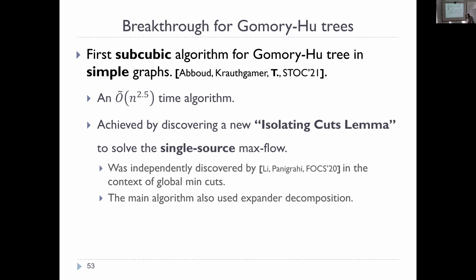Now, two notes. The first one is that this lemma was independently discovered by another group in a different context, the context of global minimum cut. I will also say that we used expander decomposition to solve this problem. Right, so we have a graph that is simple, unit capacity on the edges, and we solve it this time.